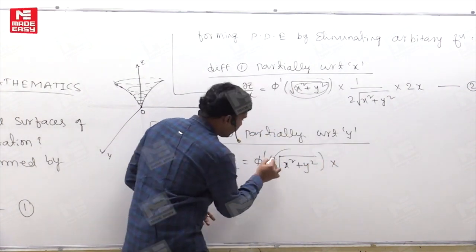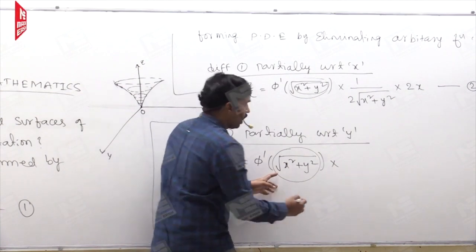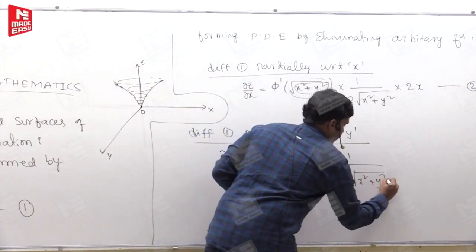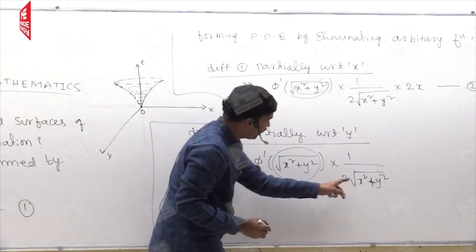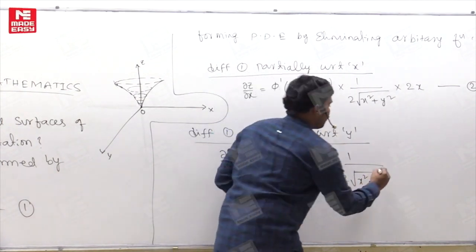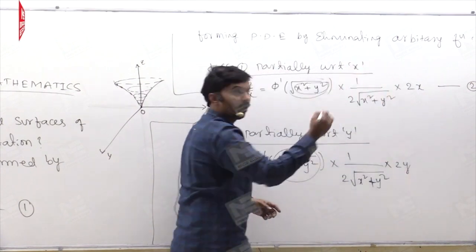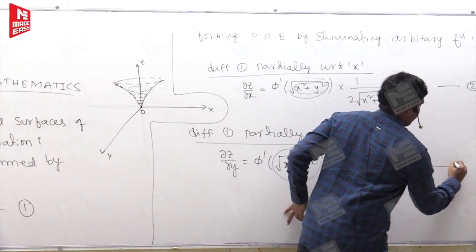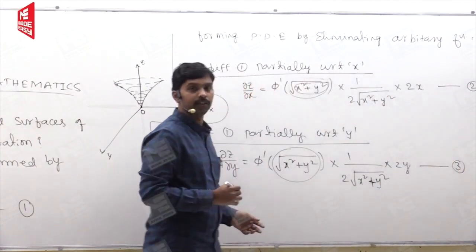Now the internal derivative of the under root is 1 by 2 under root of x square plus y square. Again, the internal derivative of x square plus y square with respect to y is 2y. So this is equation 3 here.